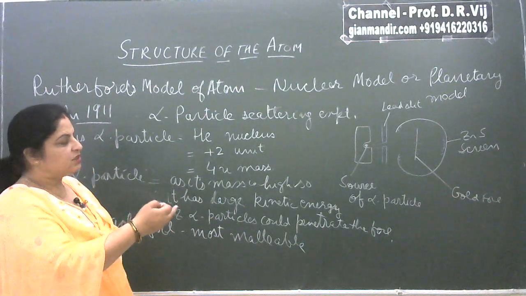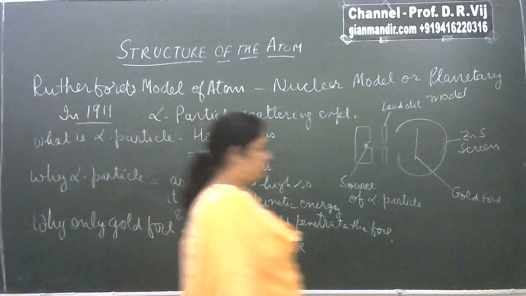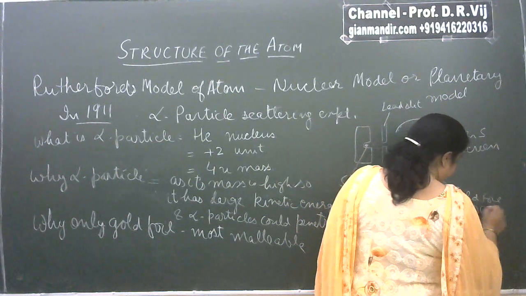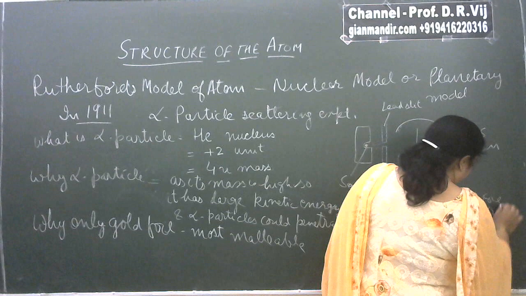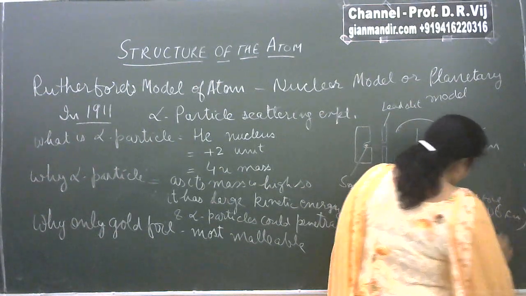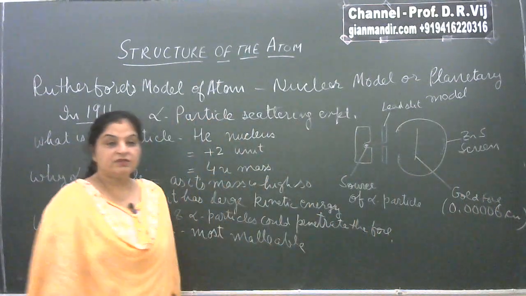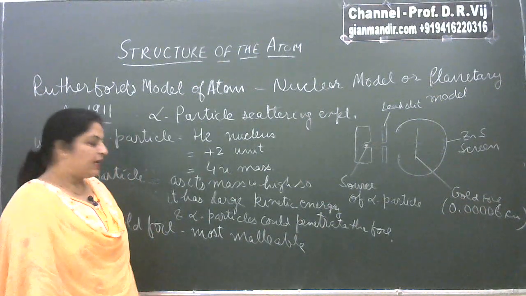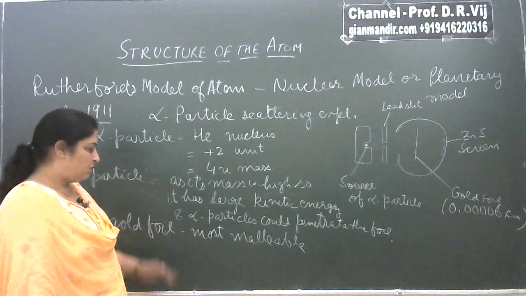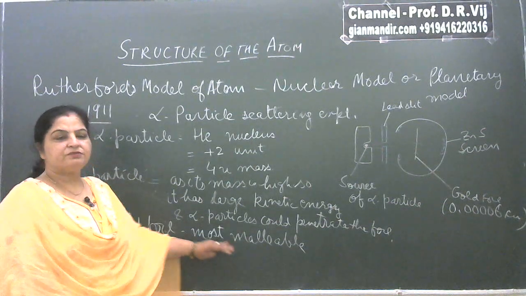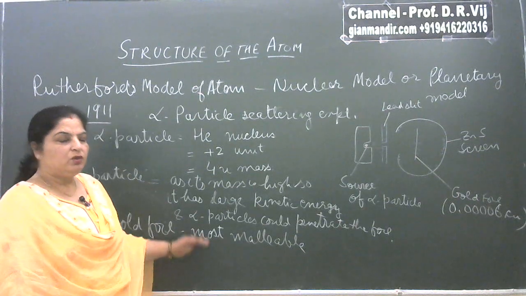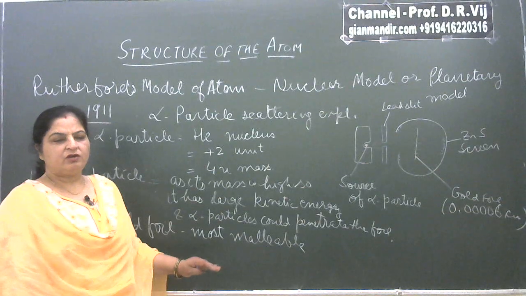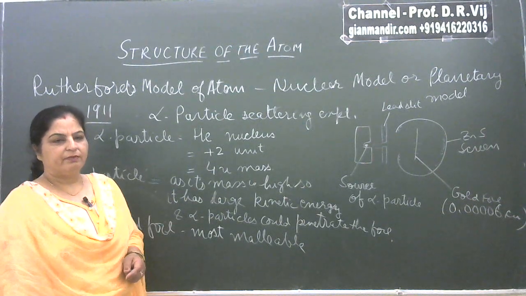The gold sheet Rutherford used had a thickness of 0.00006 centimeter, and this was possible only because of the highest malleability of gold. No other metal is as malleable as gold, so it's not possible to use any other metal.